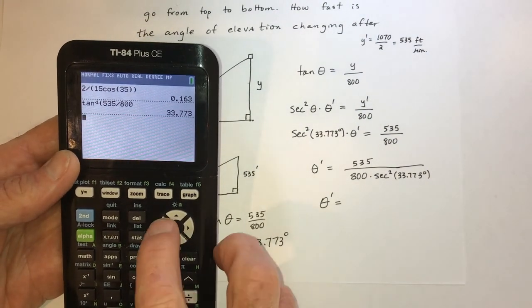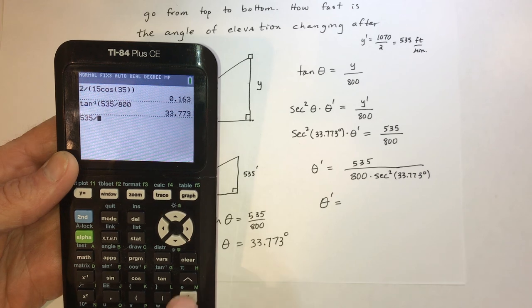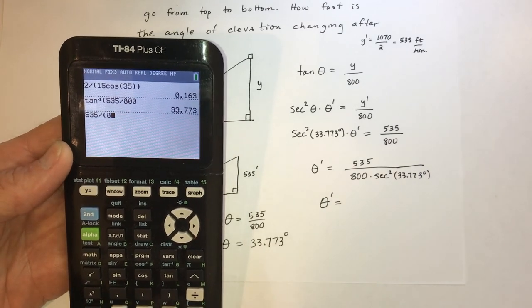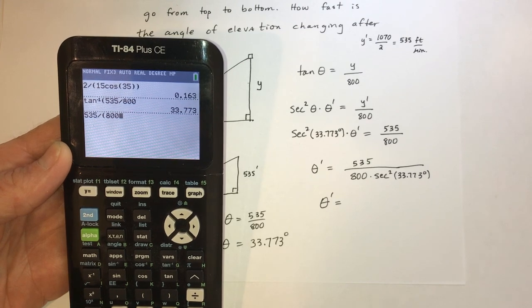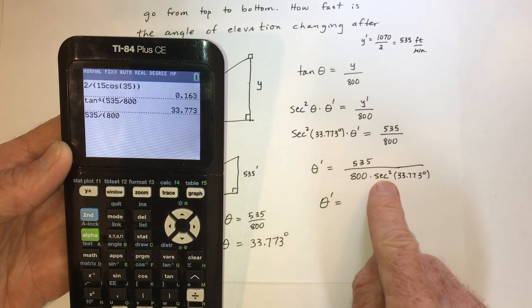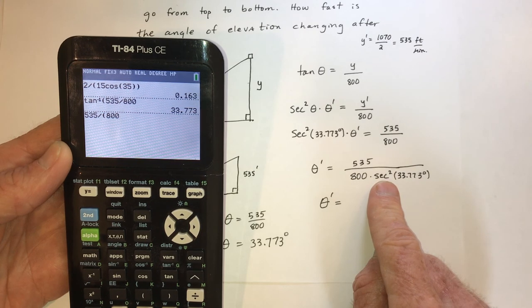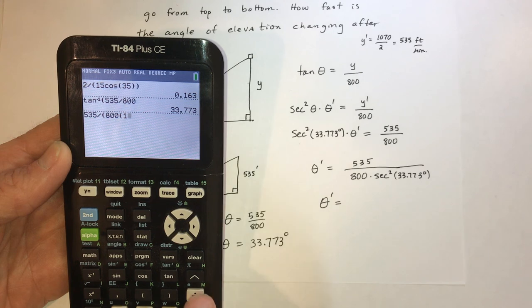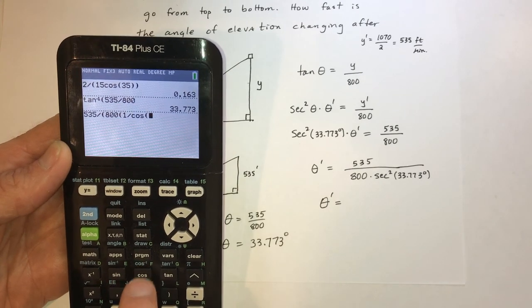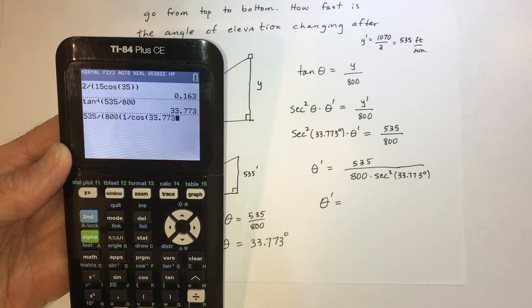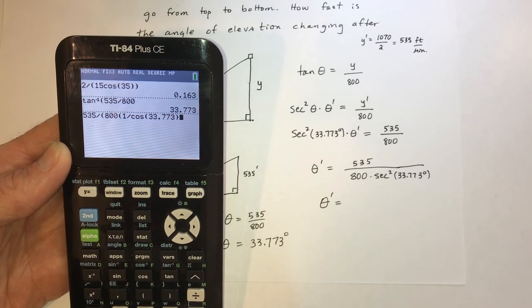So 535 gets divided by, and then I need to put parentheses. It gets divided by an 800. And my calculator doesn't have secant, so I need to change this to 1 over cosine. So then it's going to be parentheses 1 divided by cosine 33.773, and then that needs to be squared so that it's secant squared.